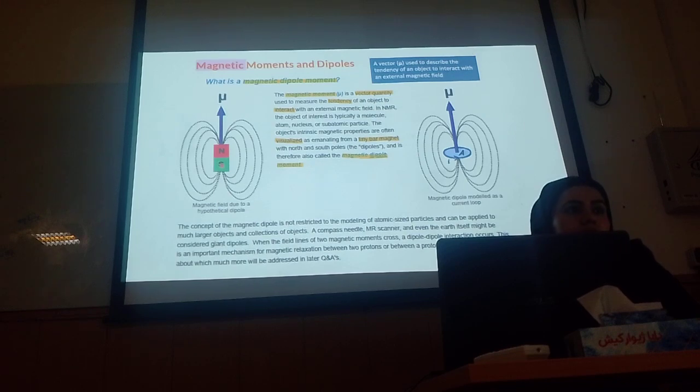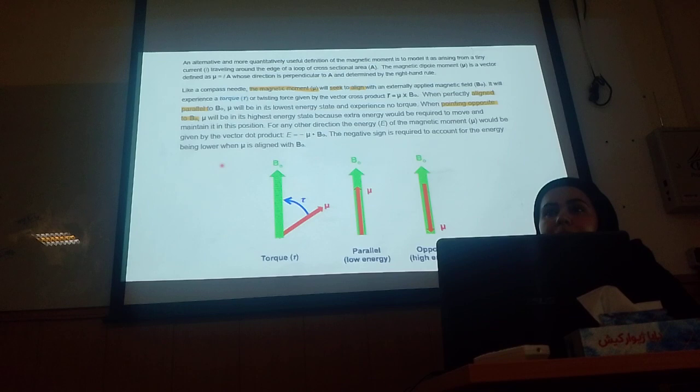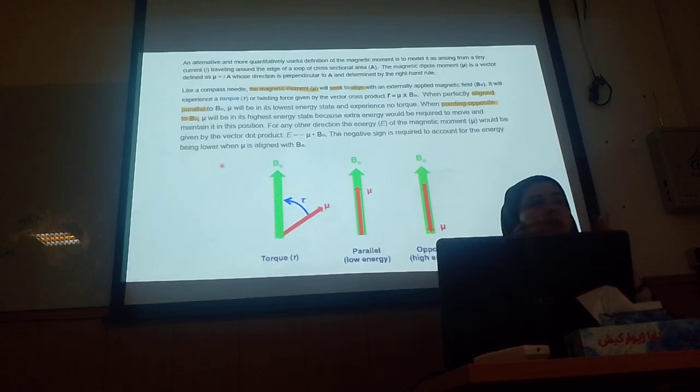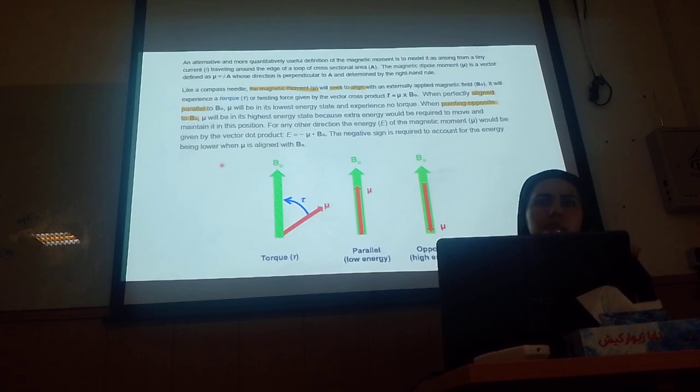Whether a special nucleus has a spin value of zero or non-zero can be described using a vector, with a direction of the spin.